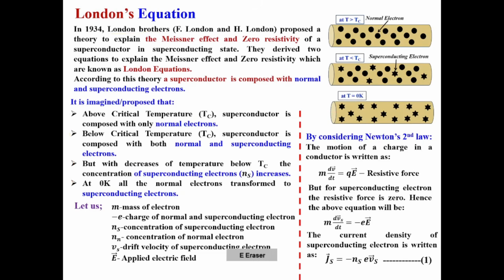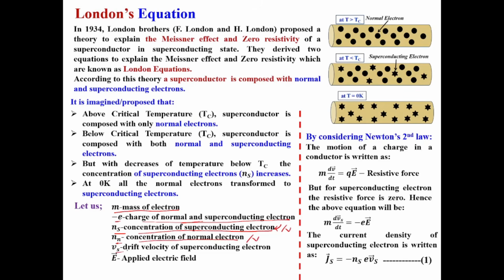Here they considered m as the mass of the electron and superconducting electron also, minus e as the charge of the normal and superconducting electron, Ns as the concentration of superconducting electrons, that means superconducting electrons per unit volume, and Nn as the concentration of normal electrons per unit volume.